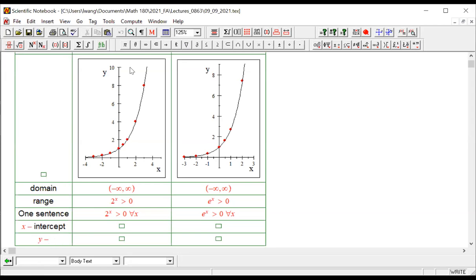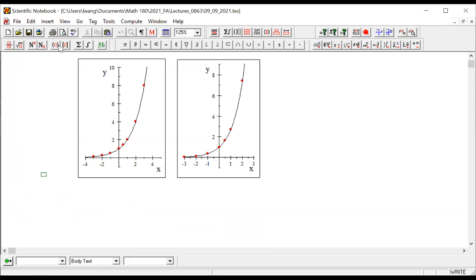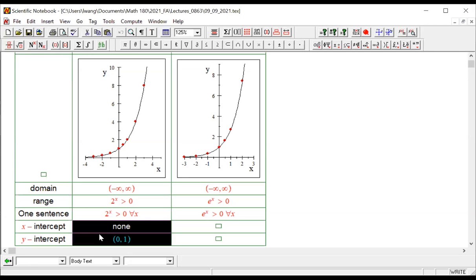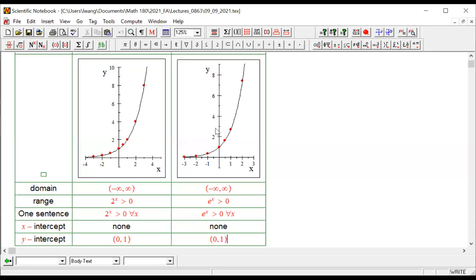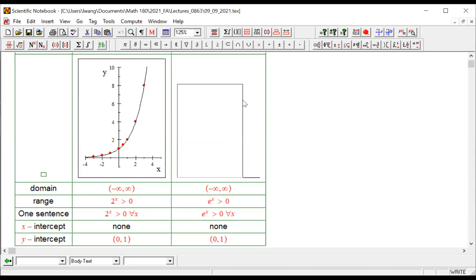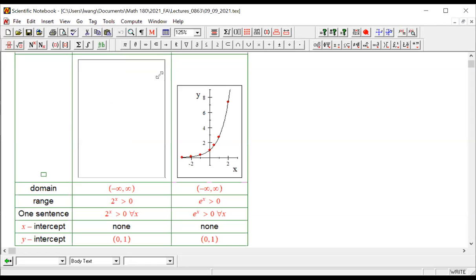Y-intercept. I'm going to make the graph just a little bit smaller so you can see the whole picture, and that's where we're going to pause.